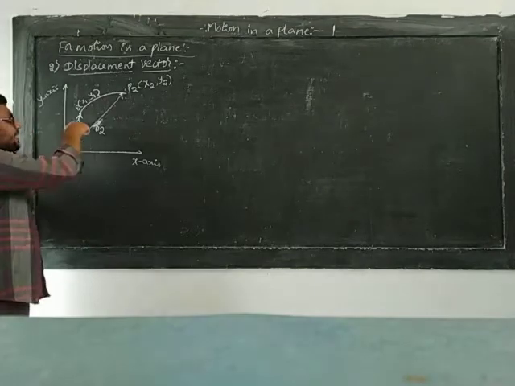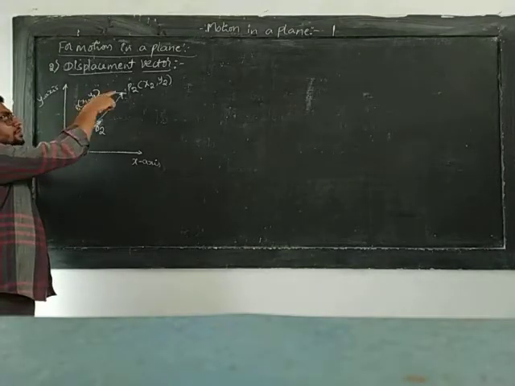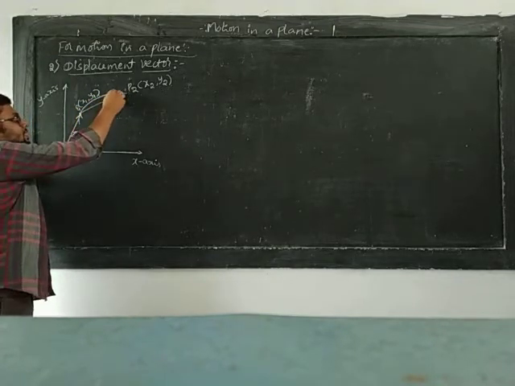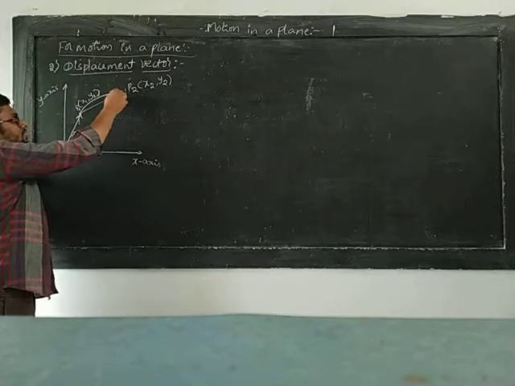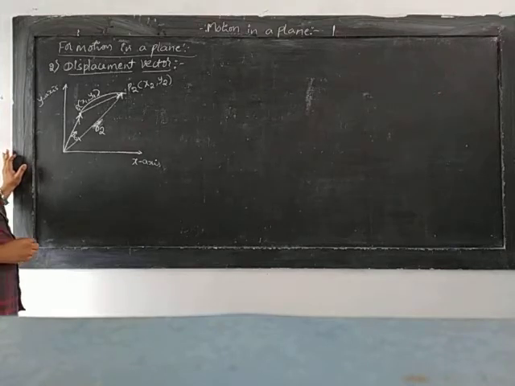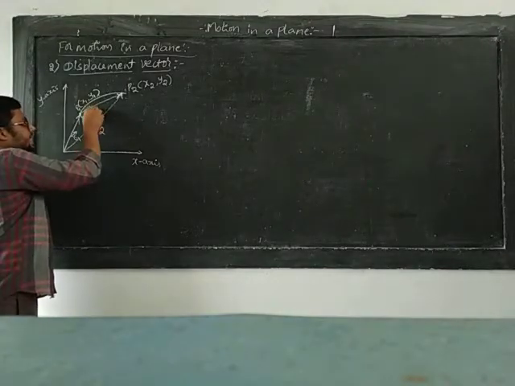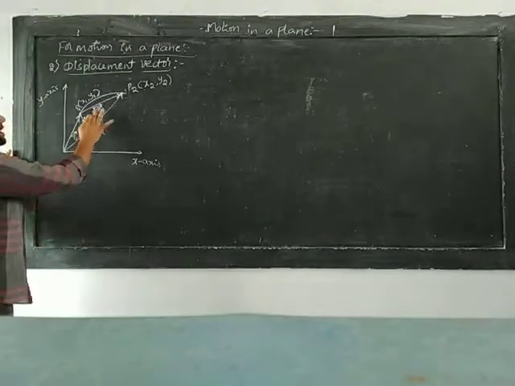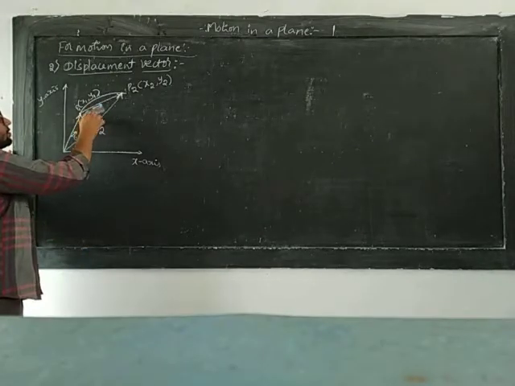Look here, the particle has been displaced from P1 to P2, then the shortest distance between them is what? The displacement vector. And I will write this displacement vector as delta R vector.